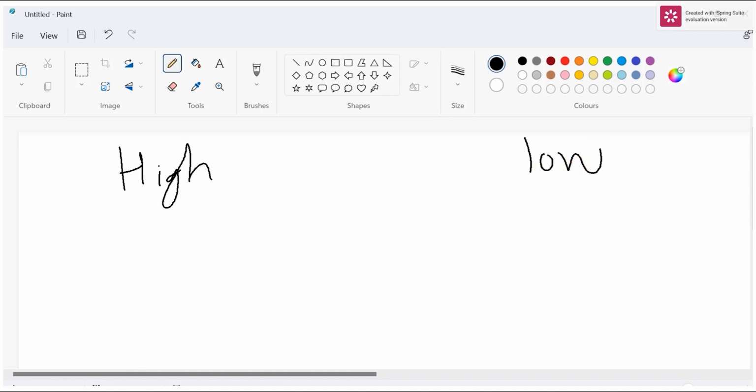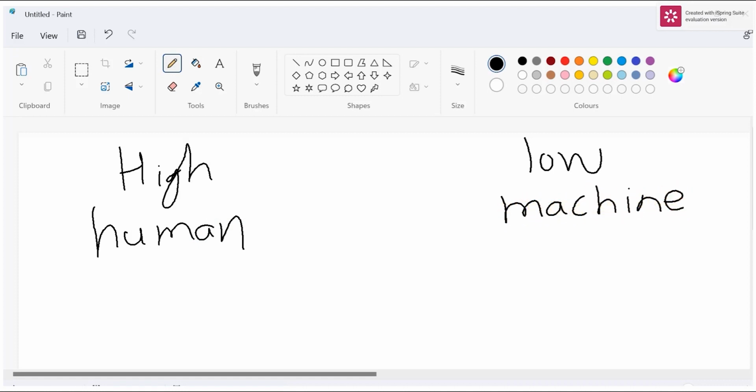High level language is nothing but human understandable language, and low level language is nothing but machine or computer understandable language. High level language code is the program written by us, and low level language is the program which can be understood by our computer.